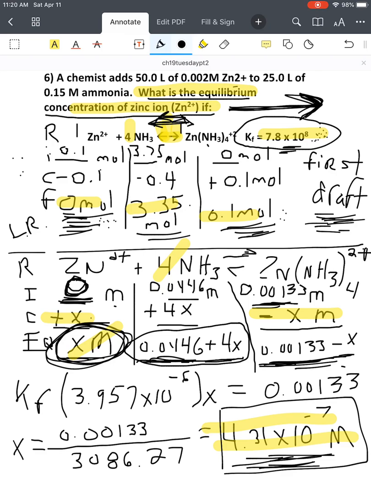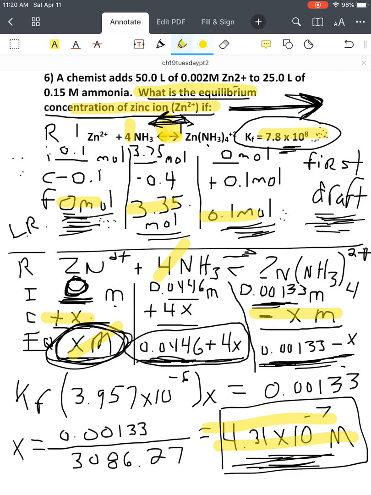So because I solved for the equilibrium quantity of the zinc ion, or I solved for x, if you want to think about it that way, I can really figure out how much I have of all three substances at equilibrium. So this problem was a little bit different. I mean, there's a lot of common ideas embedded into what we've done, right? But it was a little bit different.